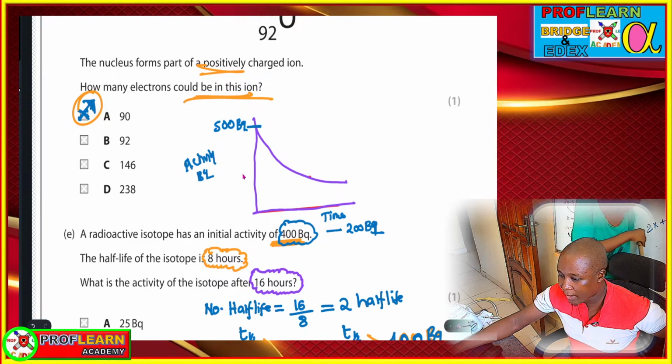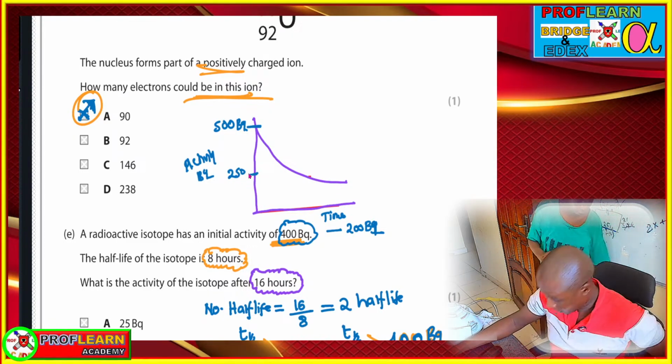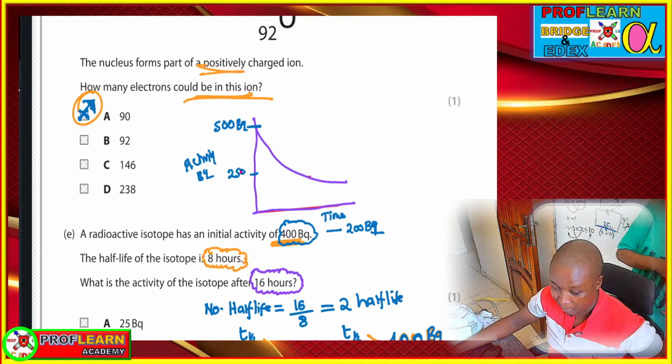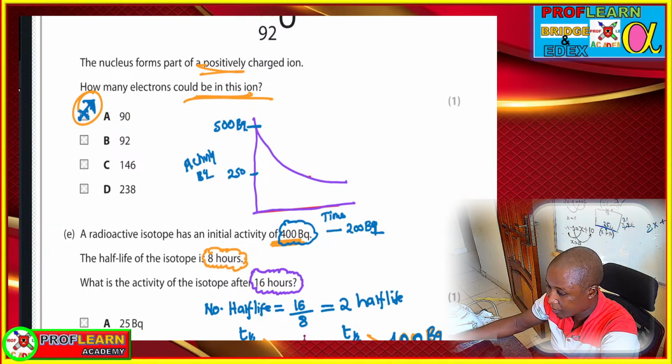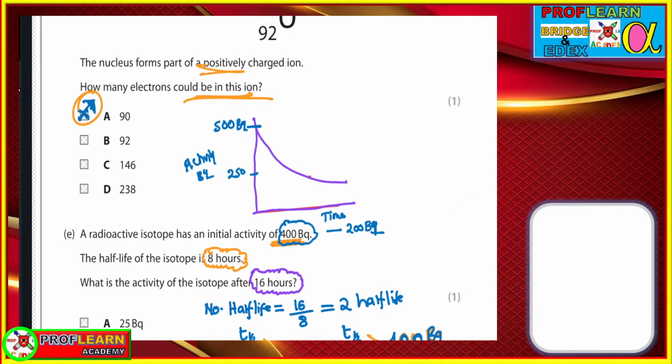So if you want to find half-life, you divide this value by 2. You come and check what is 250. So in this case, 250 is going to be somewhere here.